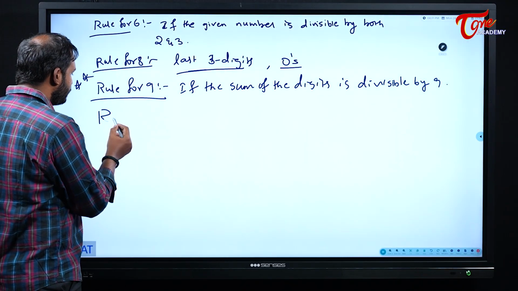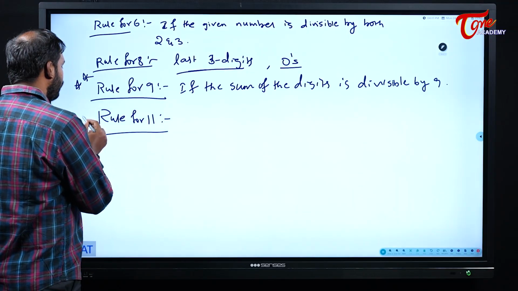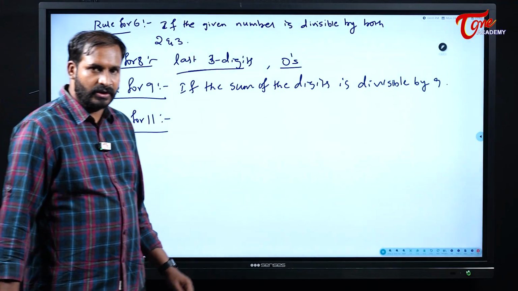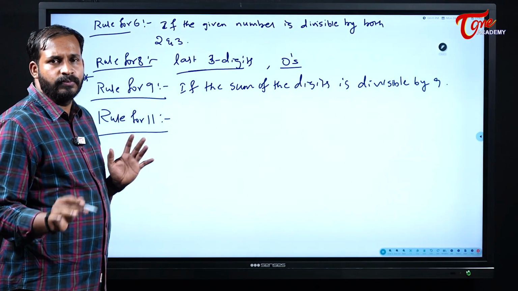Next, rule for 11. This one is also very, very important, students. For the rule for 11, we will divide the given number into 2 portions.